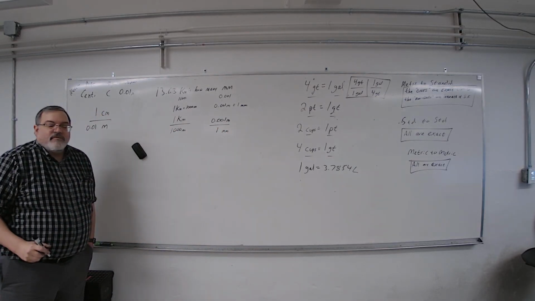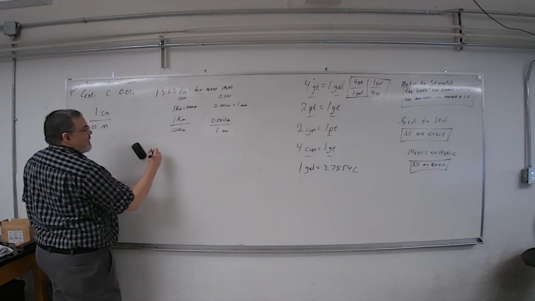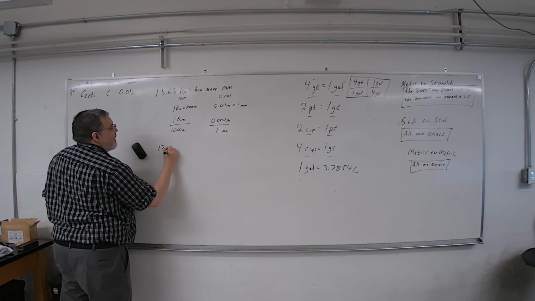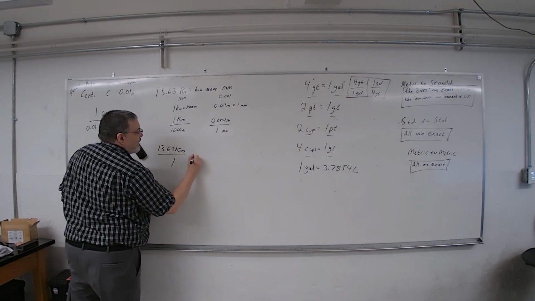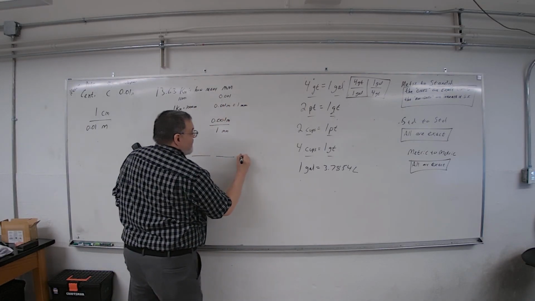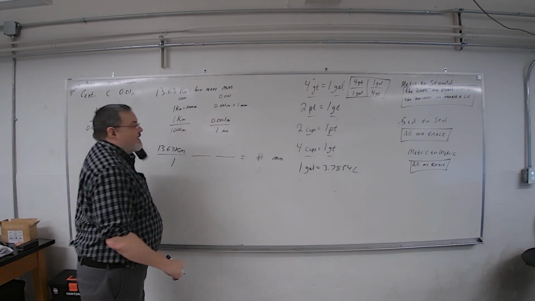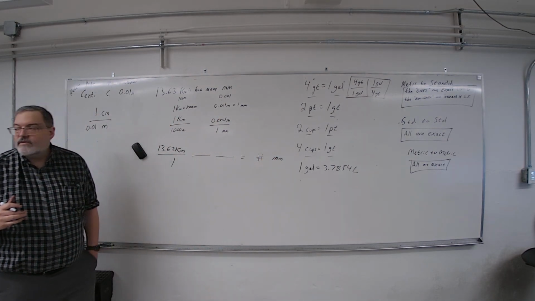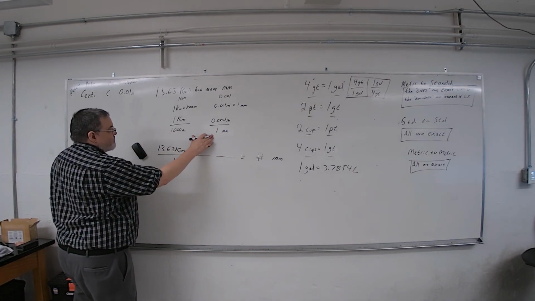I can use these conversion factors in tandem to solve this problem. I'm looking for millimeters, so millimeters and some numerical value. I can write all that down before I even think about conversion factors. The conversion factors I've come up with are these two.